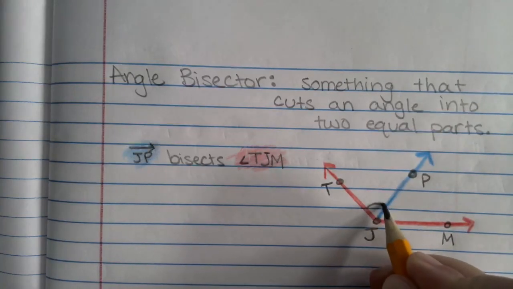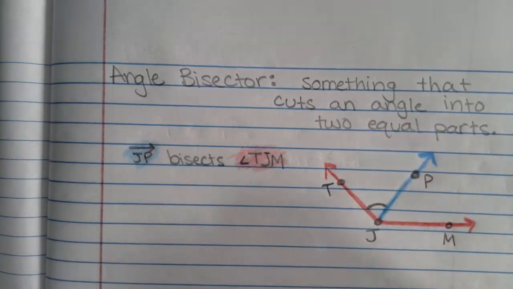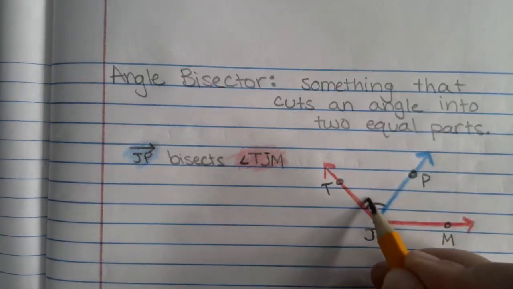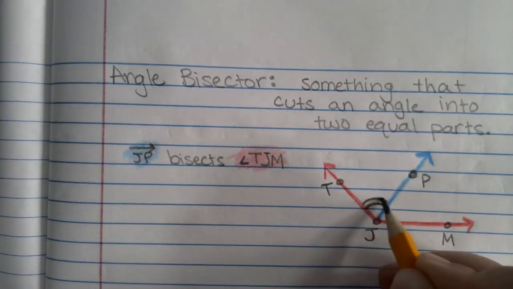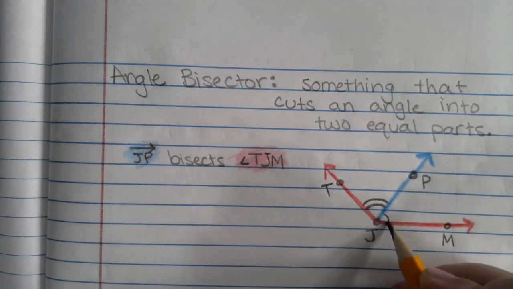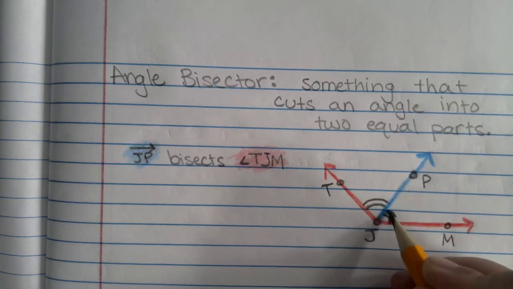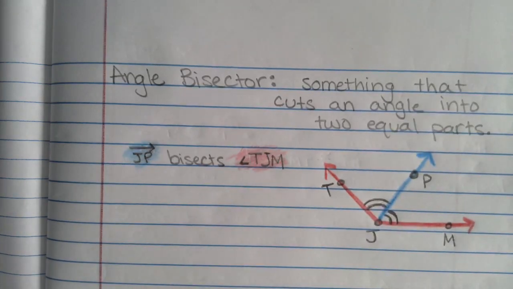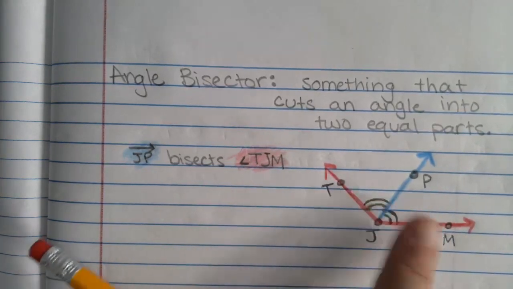So we can do those little arcs there. So we can do an arc on that first angle. I'm going to do two arcs just to show you what that looks like. So it kind of looks like a rainbow as we keep working our way out with all arcs. So you have two arcs there, and then I'm going to put two arcs on this next one. The arcs don't have to be in the same position or same place, but now when I see those two bands going across, I know that these now match. They're now the same.